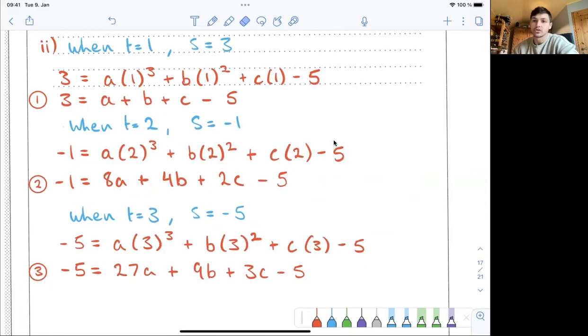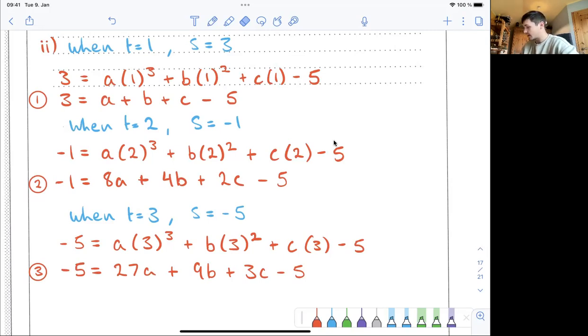If you are unsure of how to do that in your specific calculator, just Google the model of your GDC, followed by systems of linear equations or how to solve simultaneous equations with 3 variables, and there should be a YouTube tutorial or a little manual that will run you through how to do it with your specific model.